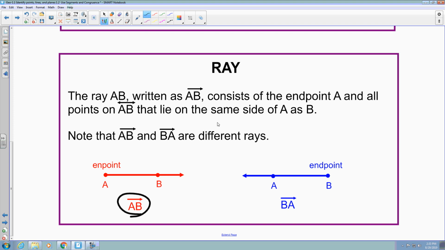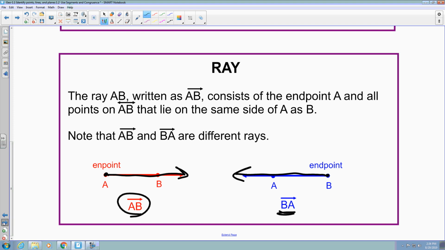The A was written first because that's where the endpoint is, and the arrowhead is going towards B. On the other side, this blue one is labeled ray BA, because the endpoint is now B, and the ray is going towards A to infinity.